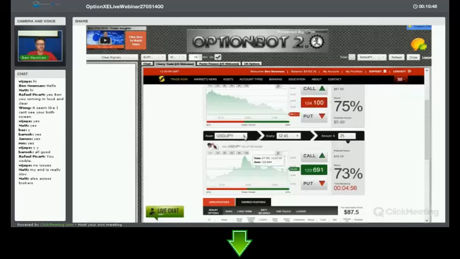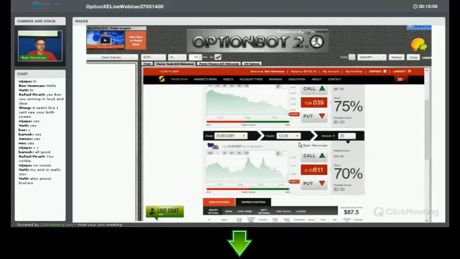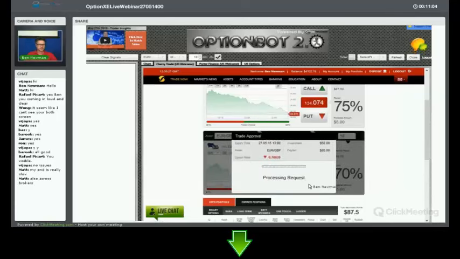So what I'm going to do is have a look at the Euro GBP, because I think the Euro GBP is probably going to be following a similar move. There it goes. So this is where I'm going to place my other trade. I'm going to follow the pound in its counter movement as well.